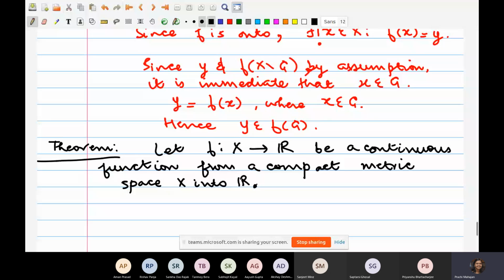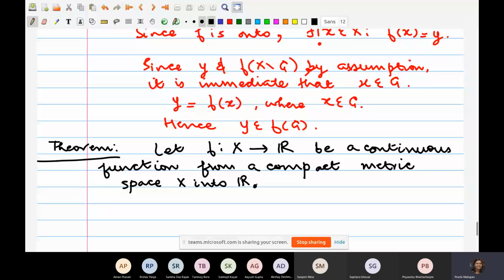It tells us that the image of this function, f of X, is going to be a compact subset of R, because continuous functions take compact sets to compact sets. And we have a characterization of compact sets in the Euclidean metric. What are those?